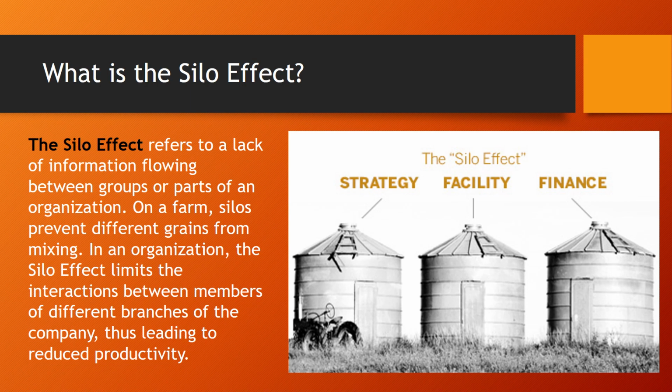All of this leads to reduced productivity when people can't communicate. I'm not saying that they never communicate, but because of the structure in place, it leads to only formalized communication, and it has a tendency to prevent the company from being adaptable. It also brings you to a place where you're not getting the best out of your workers, the best out of your company, and being able to do a lot. So the silo effect is basically that.